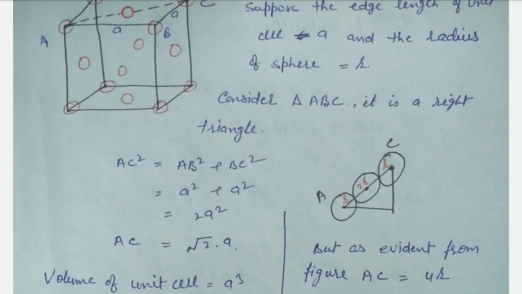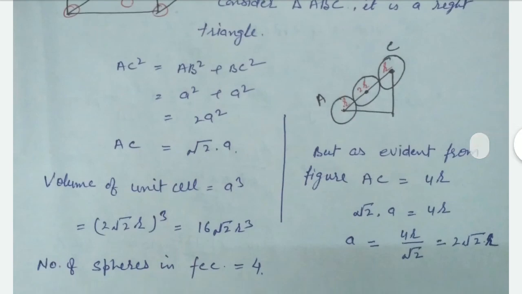But actual evidence says that the distance between the A and C spheres is 4r. It means the spheres of A and C are 4r apart. Then AC equals root 2 a equals 4r.